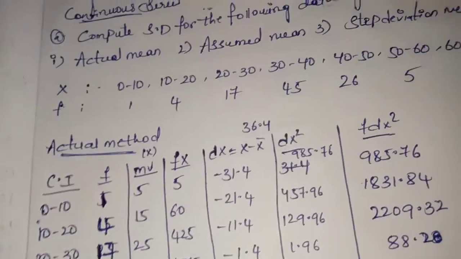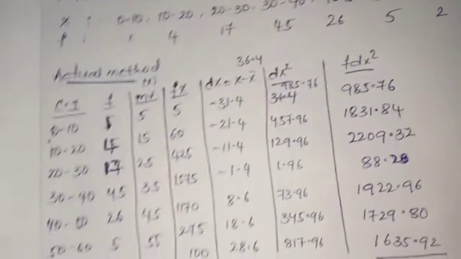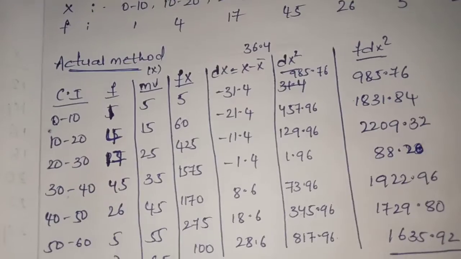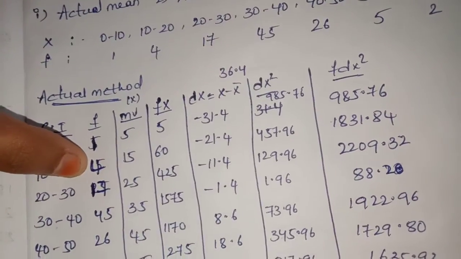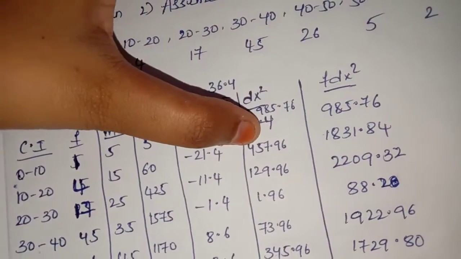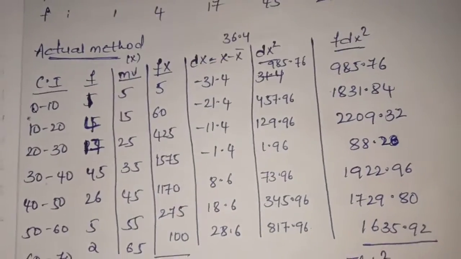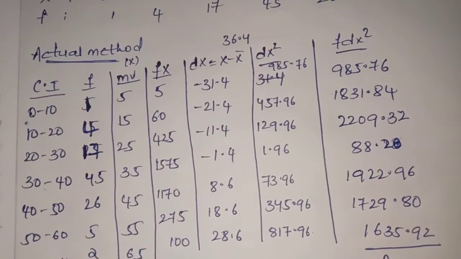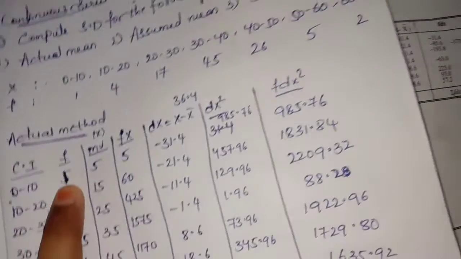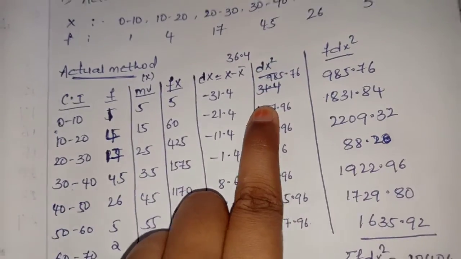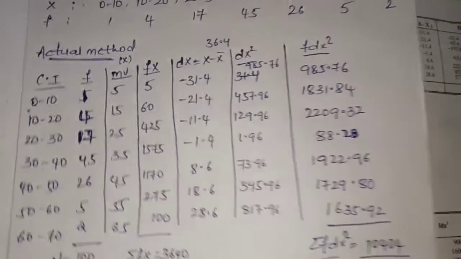Now frequency is 1 into dx square 985.96, so I will get 985.96. Next 4 into dx square 457.96, we will get 1831.84. Like that you have to calculate frequency into dx square. You have to multiply frequency and dx square, and you will get f dx square.